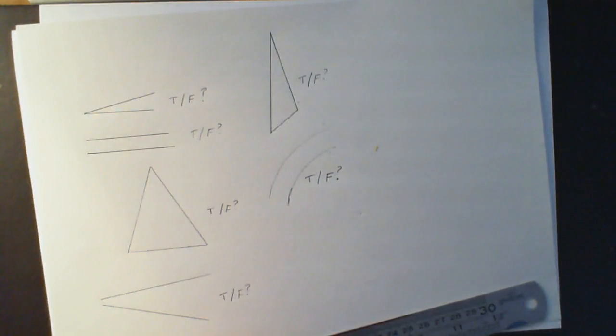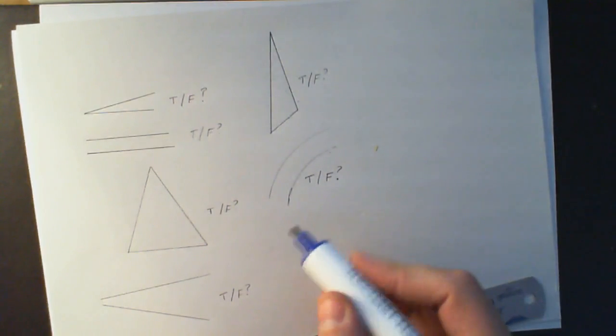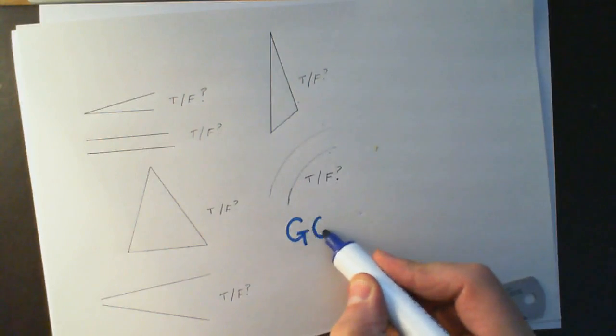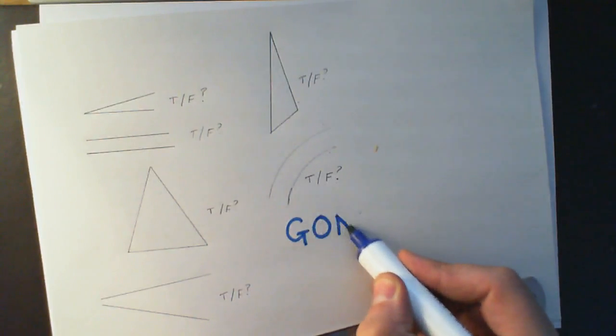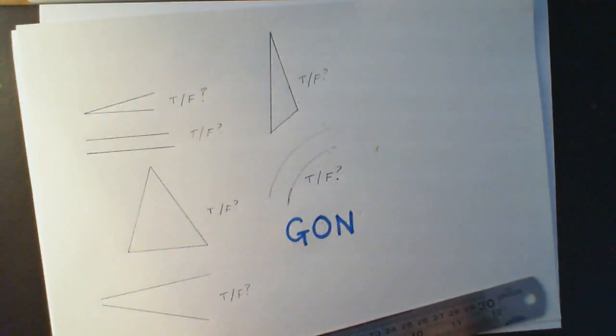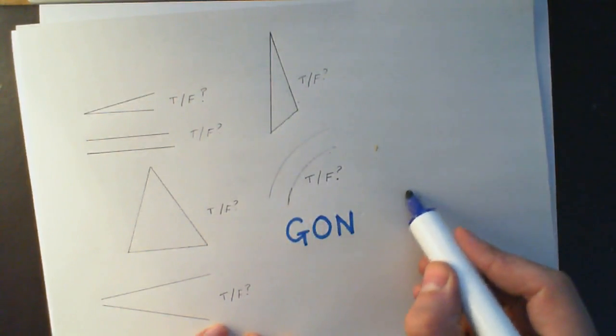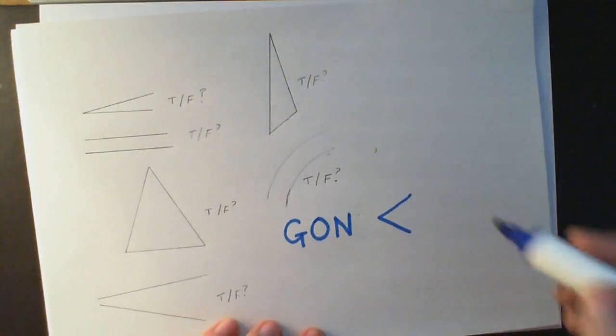Now, a bit of Greek. The word gon, let's write it out for you. G-O-N. This is a Greek word, gon, and the word gon means an angle or a corner. So it means an angle, here's an angle, or it means a corner.